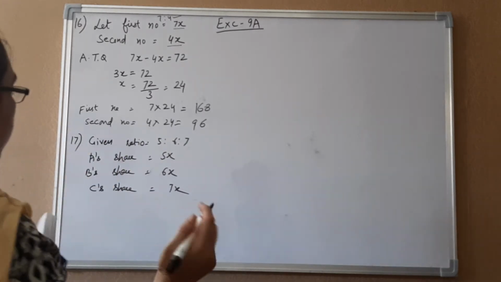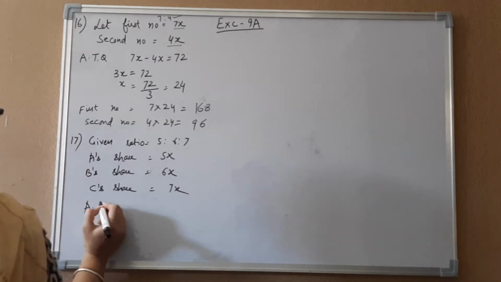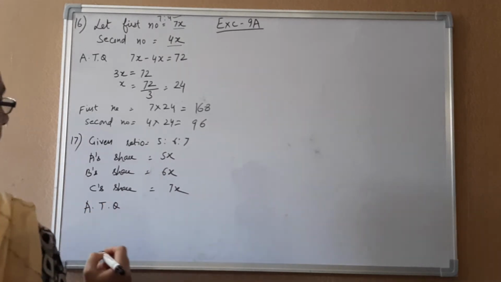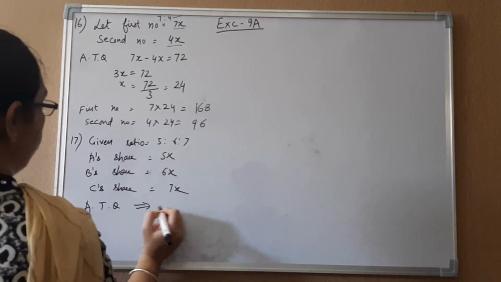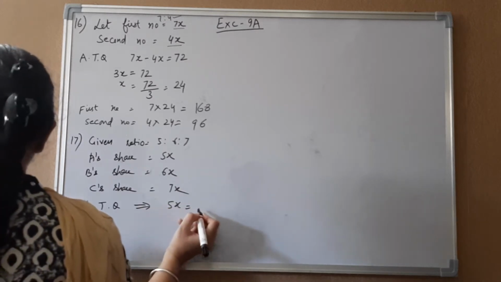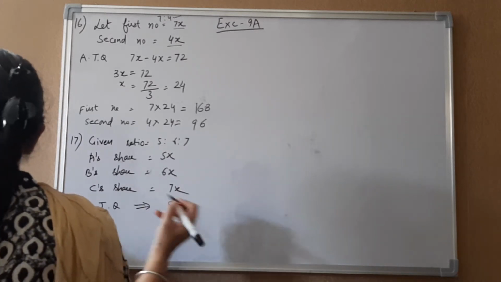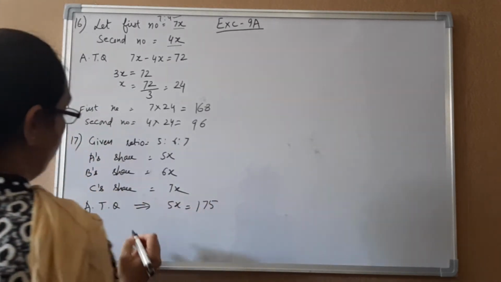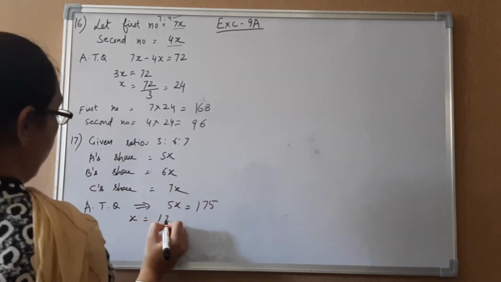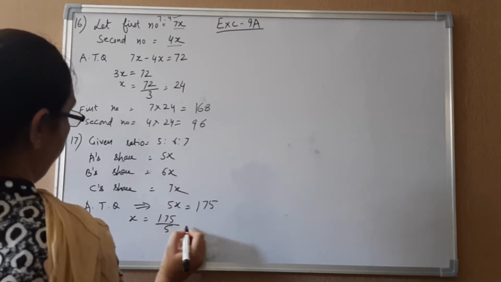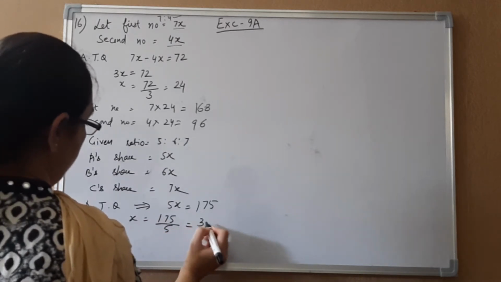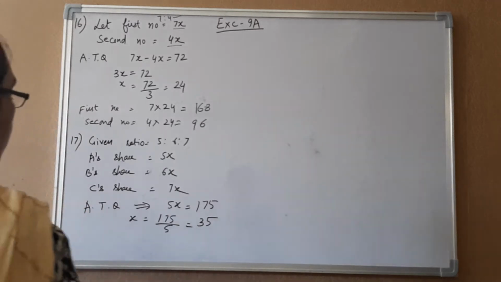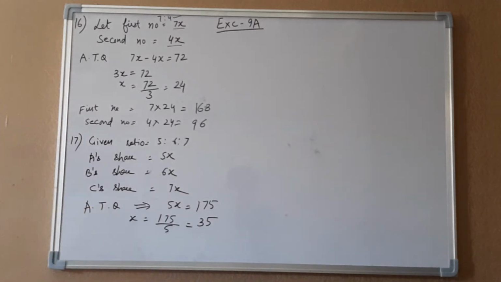Here they have given A's share, which is 175. So what would be x? 175 divided by 5 is 35.